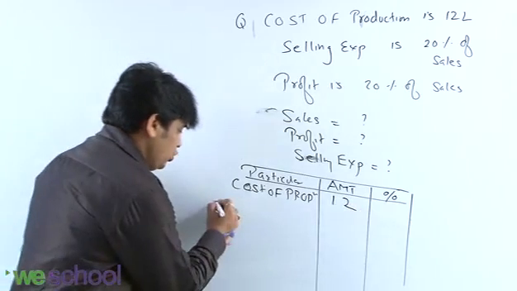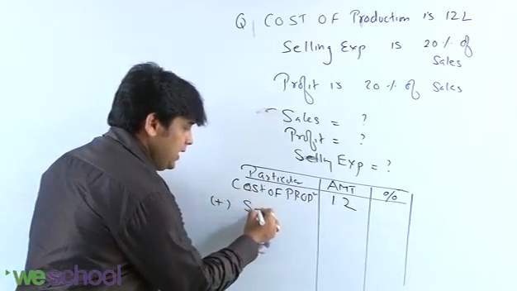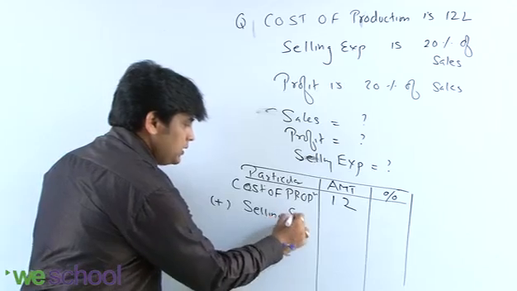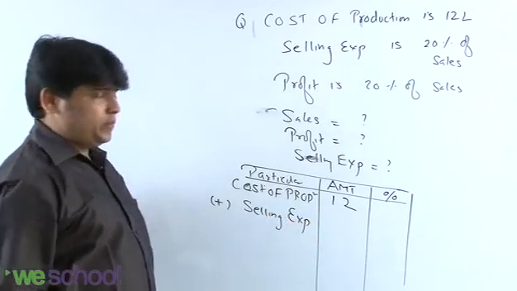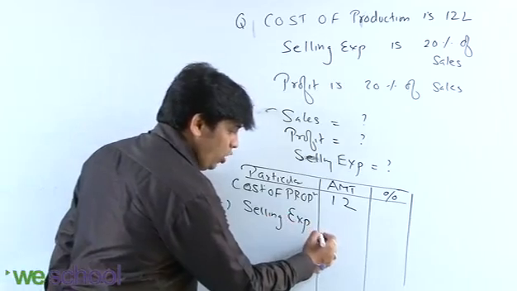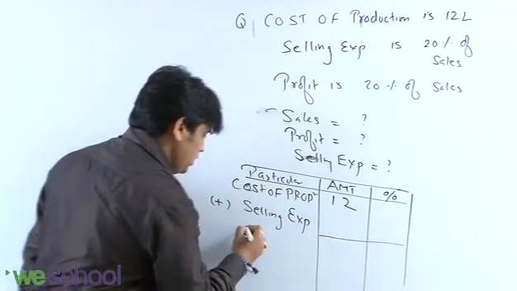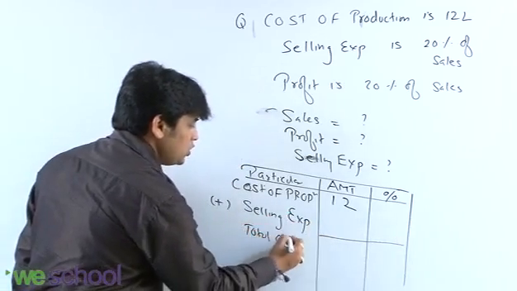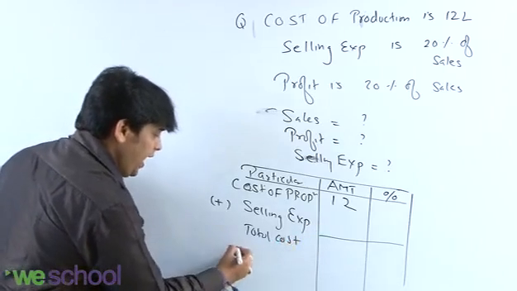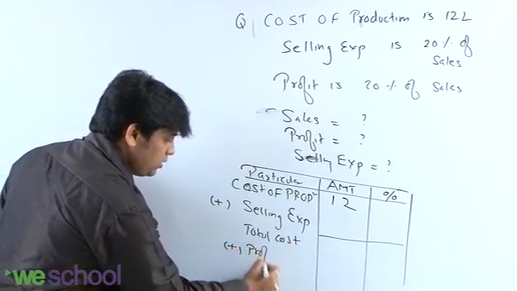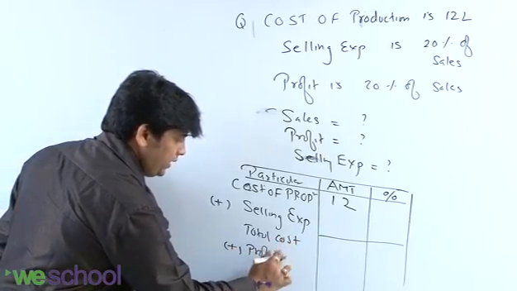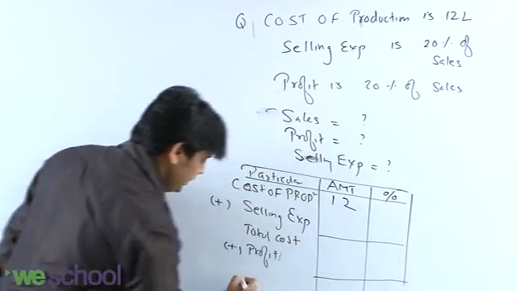To this, if I add selling expense, I will get total cost. To this, if I add some profit, I will get sales.